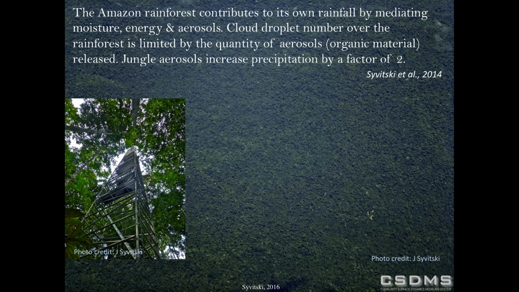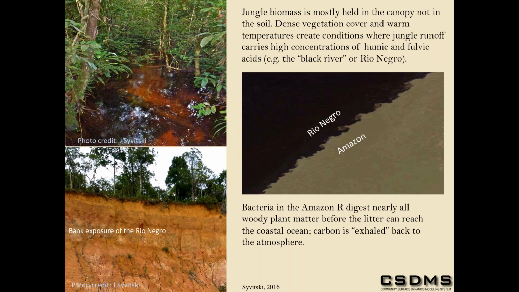Not a lot, but by a factor of 2, which can be a lot, I guess. That's simply because the jungles don't expose much land surface. They're pretty much covering the land surface, so there isn't a lot of dust-related material in the atmosphere. The only aerosols for cloud droplets to form around are these bioaerosols from the jungle itself. And so that factor will disappear in the ancient geological period.